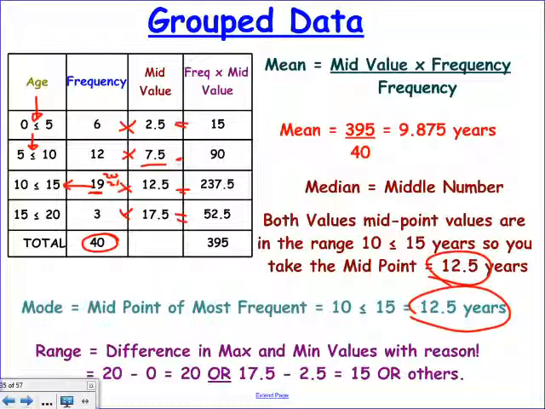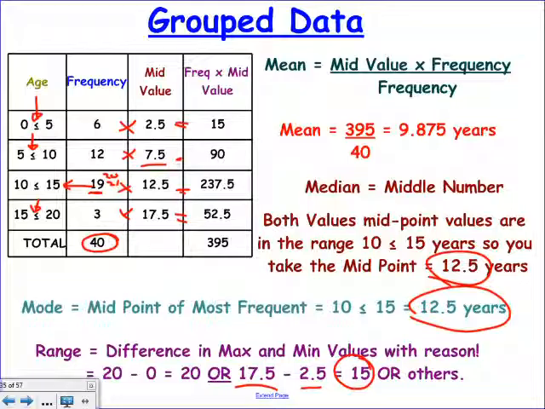Now this time you've got some options, but you have to tell the examiner why you're picking that option. So your two main options are, you pick the midpoint of your biggest value, which is 17.5, and you can pick the midpoint of your lower value, which is 2.5. So you could end up with a range of 15 if you pick your middle values.